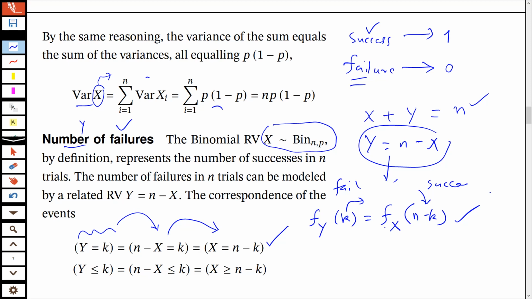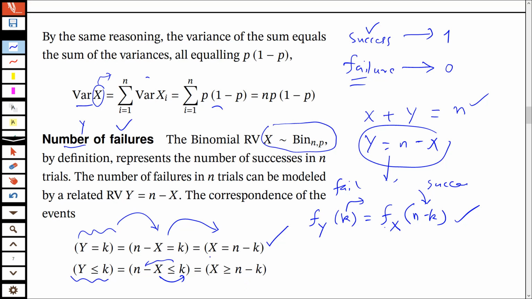I can also attack the CDF that will require me to analyze this event, the number of failures not exceeding k. Now if I replace y with n minus x, because of this minus sign, this will go to this side, k will go to this side, and what happens is that x, instead of less than or equal to, now x will be greater than or equal to n minus k.